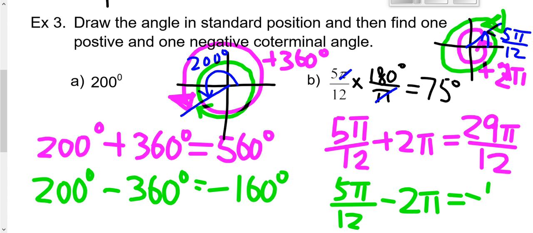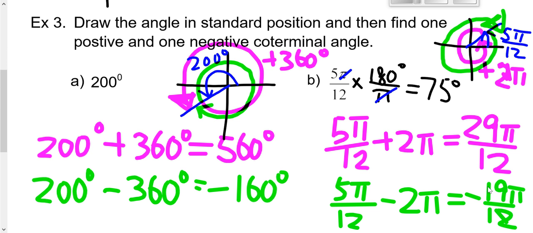So negative 19 over 12 pi, like this. Okay, and again, if you want to convert this into degrees, just replace the pi by 180 degrees.